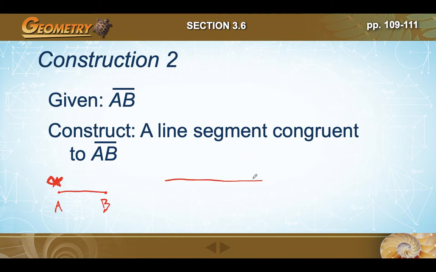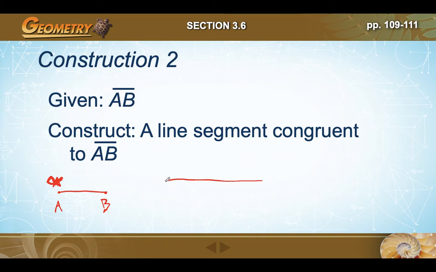Draw a segment that is longer than AB with your straight edge. I'm going to take my compass, and I'm going to put the sharp edge on A and the pencil on B. Either way works actually. But make sure that you line it up the same exact length, A and B.